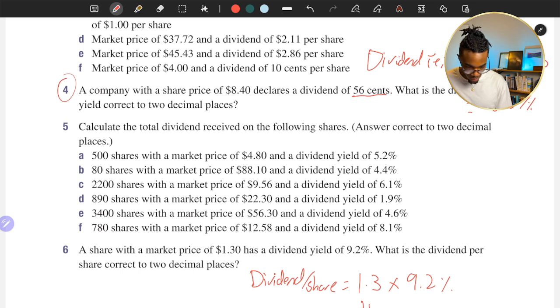That gives us 0.1196, approximately equal to $0.12.